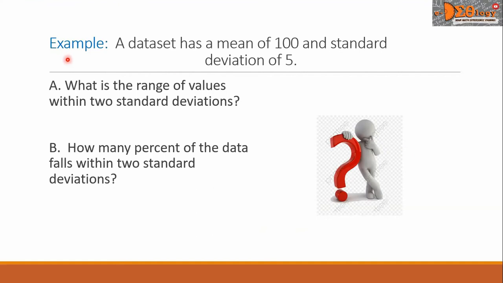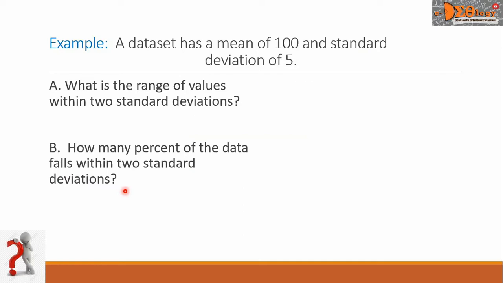Let us see this example. A data set has a mean of 100 and standard deviation of 5. Letter A. What is the range of values within two standard deviations? Letter B. How many percent of the data falls within two standard deviations?